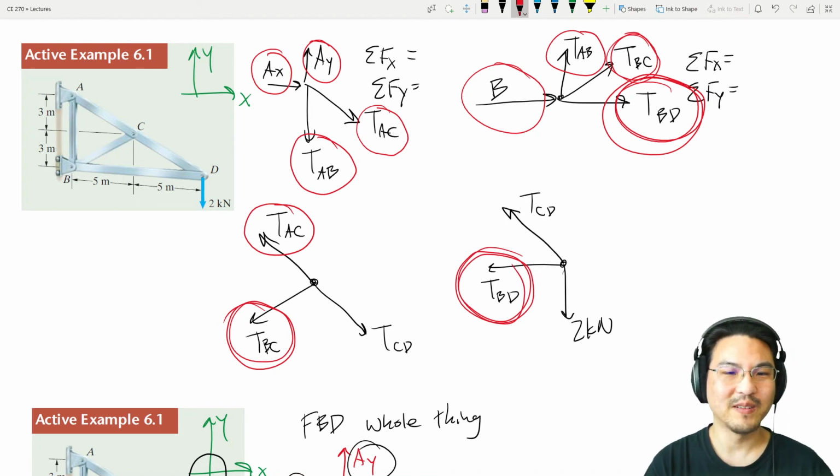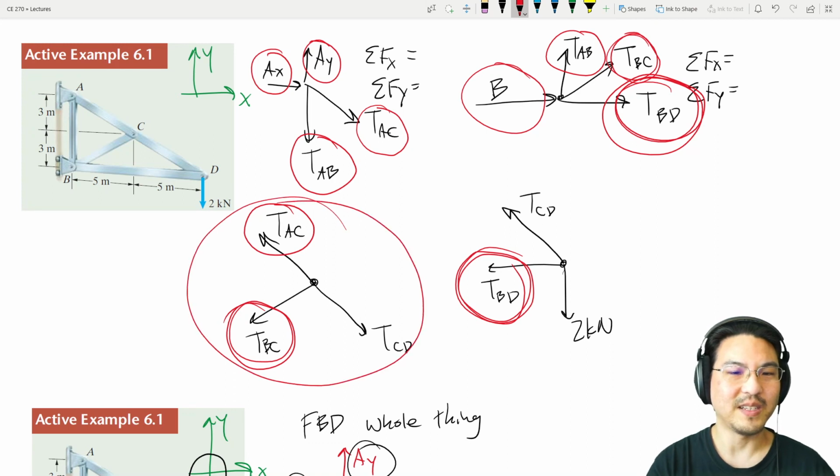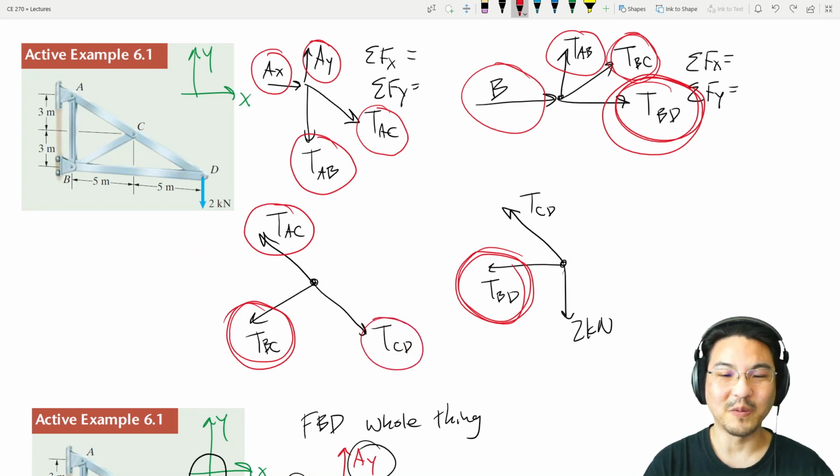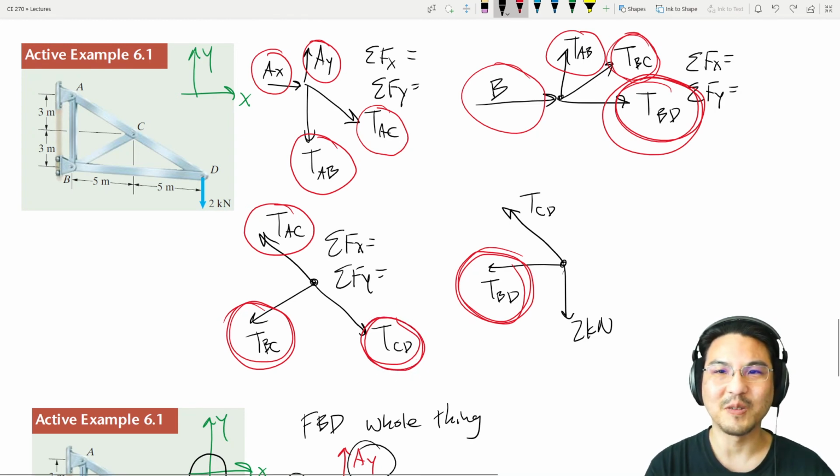If you go to joint C, we only have 1 unknown left. And you can write 2 equations. You don't even need 2, you just need one of the 2 to solve for the remaining unknown. And then the last joint here at joint D, you got 1 remaining unknown left. And you can write as many as 2 equations. You don't need both, you just need 1.